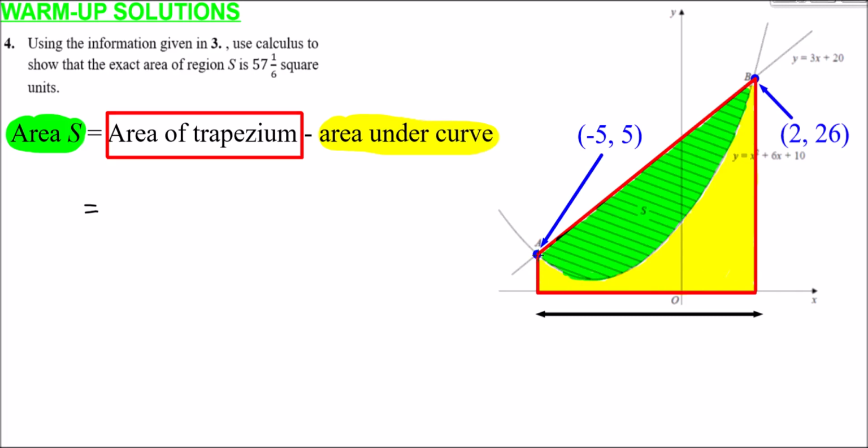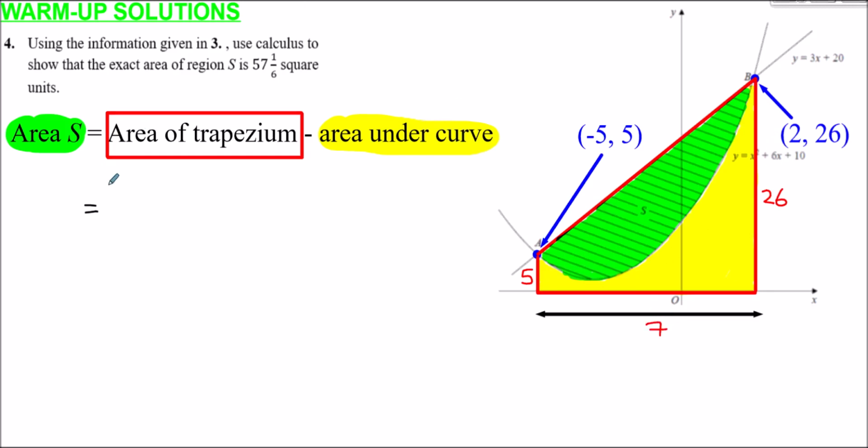And we need to know the lengths of each parallel side. So the y-coordinate here is 5, so that side of the trapezium has length 5. This y-coordinate is 26, so this side of the trapezium has length 26. And from x being -5 up to x being 2, this must have a width of 7.